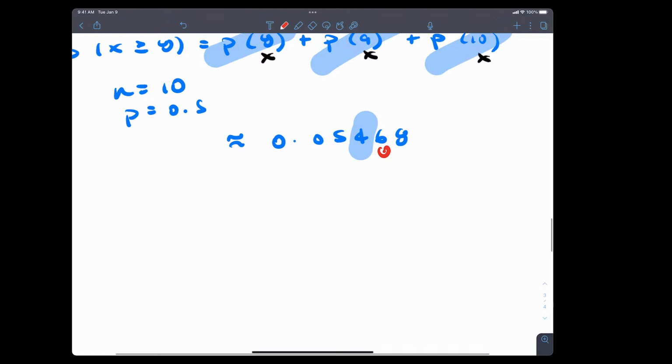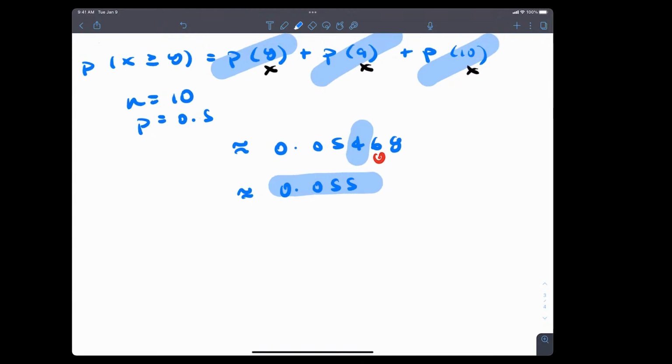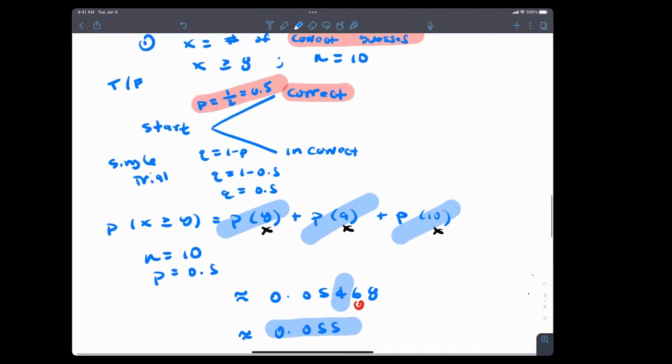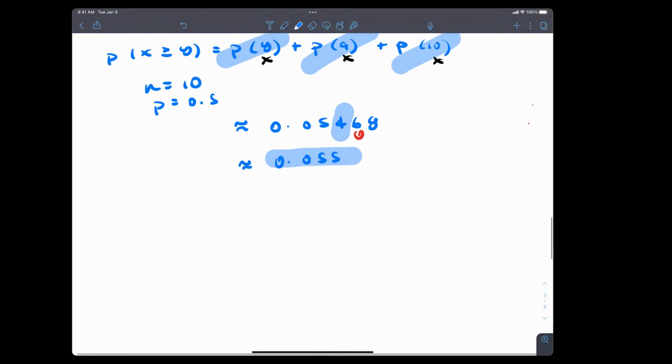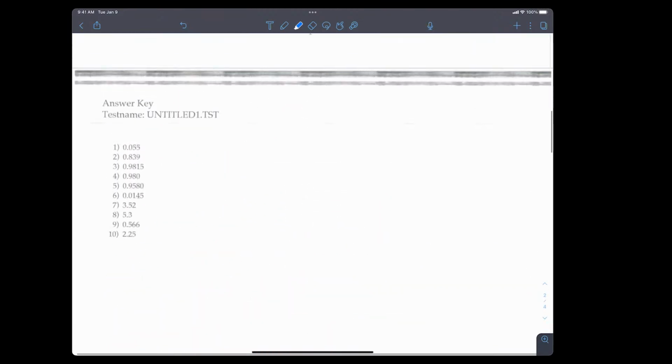So what that means here for us is we're going to add 1 to the 4, and this is 0.055. Ladies and gentlemen, here's your final answer. And that is how you handle question number 1 here. Okay? Question 1. So if we scroll, I think it scrolled up here.